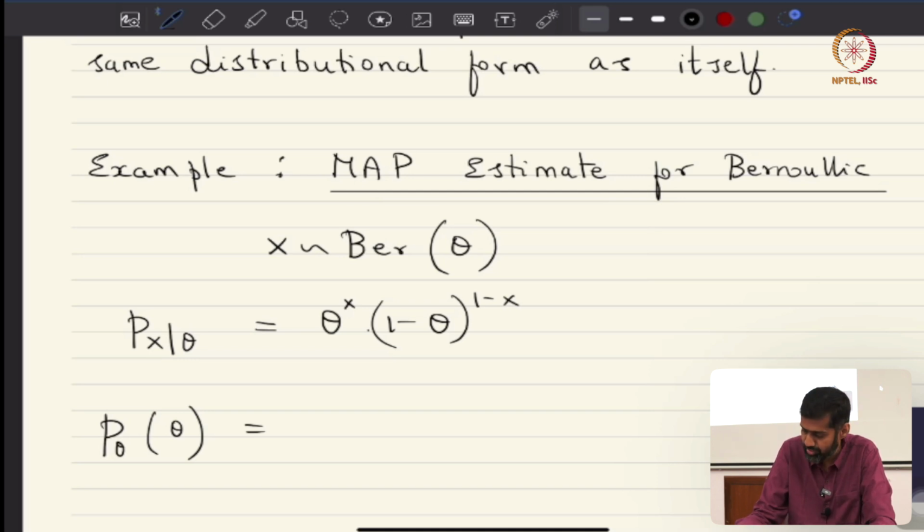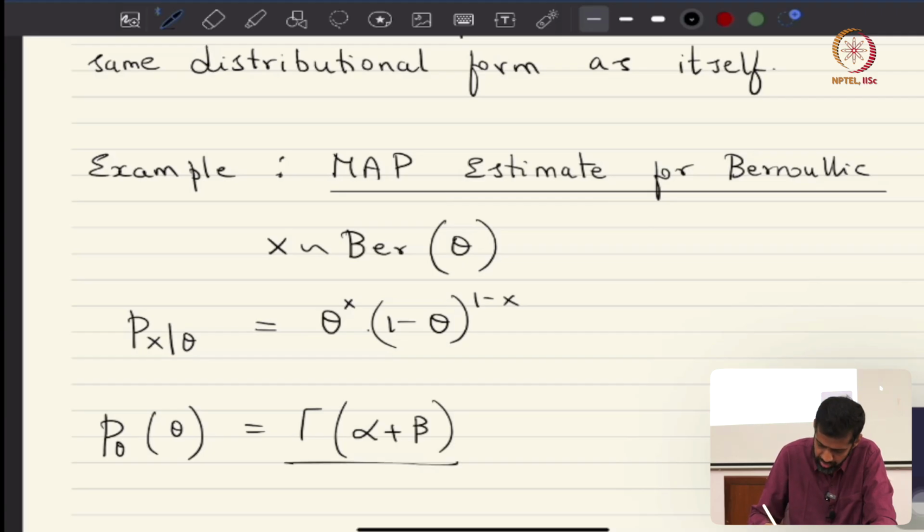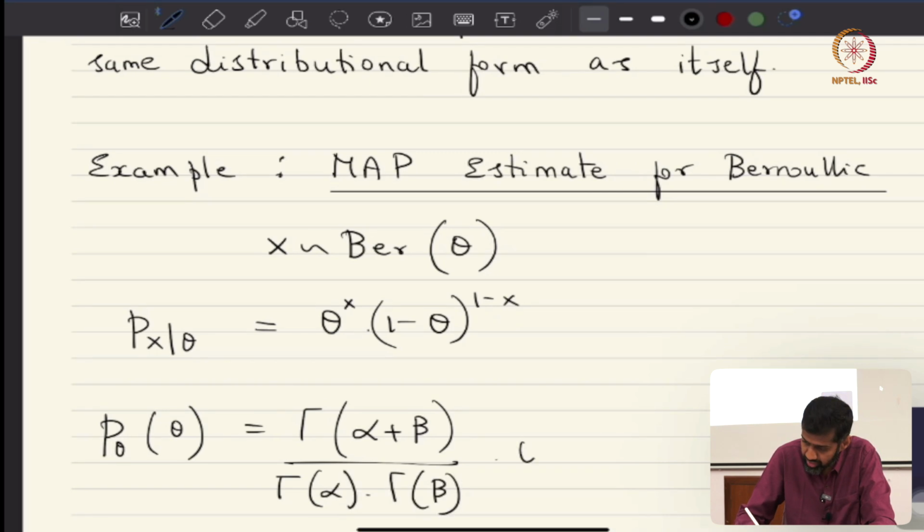So how do we write the beta distribution? It is given by gamma of (alpha plus beta) divided by gamma of alpha times gamma of beta, times theta raised to alpha minus 1, times (1 minus theta) raised to beta minus 1.